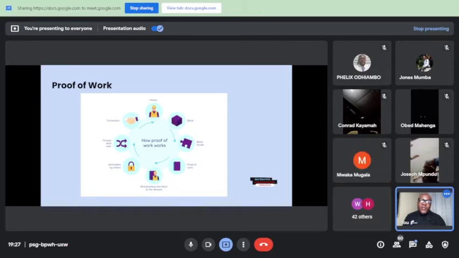So the provers or the miners on Bitcoin need to compete for a block, and they have to find the nonce figure for that block by solving mathematical computations. That is the computational power that they have to provide as they solve that.